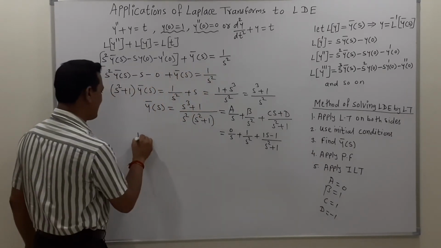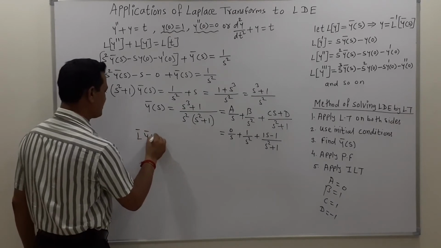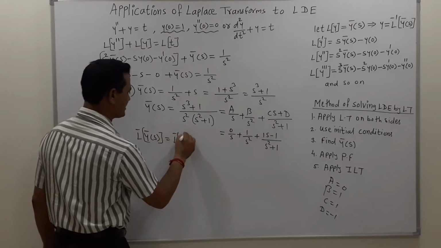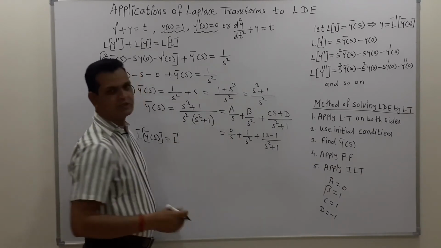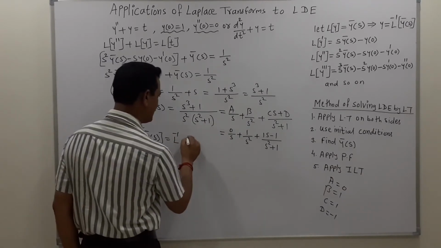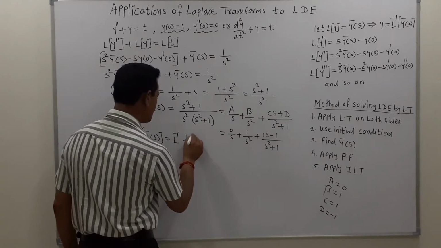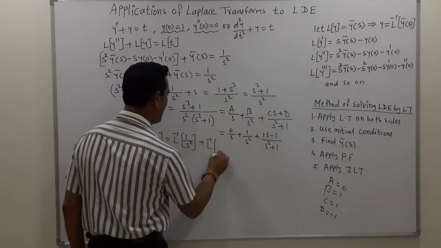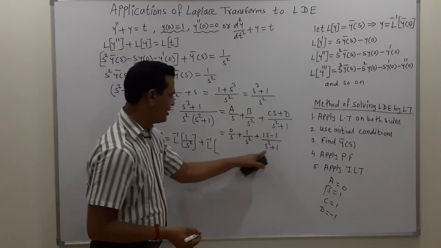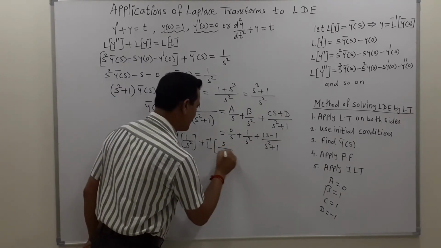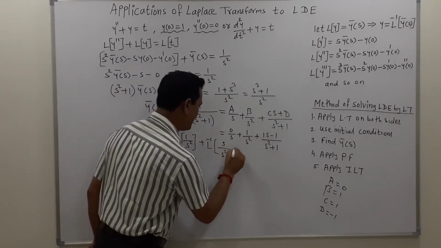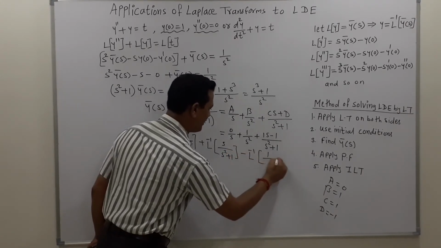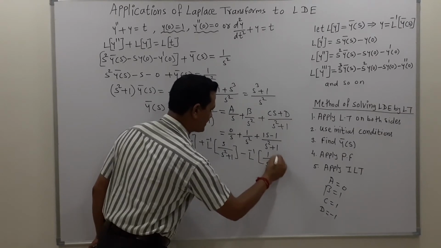If we apply the inverse Laplace transformation to this, we get the inverse Laplace transform of the first term, which is 0, so obviously the answer is 0. Then 1 upon S square, the next term, plus, applying the linearity property, S upon S square plus 1 minus the inverse Laplace transform of 1 upon S square plus 1.